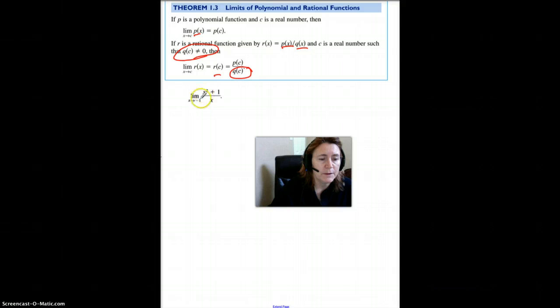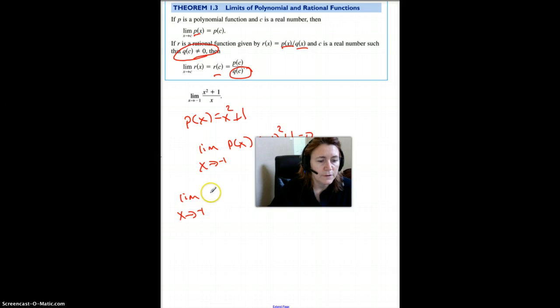So let's look at this limit right here. Let p of x equal x squared plus 1. Then the limit as x goes to -1 of p of x is -1 squared plus 1, or 0. And the limit, you have to do them both, even though it looks like it's going to be 0, because you'll see why in a minute, of q of x. Now in this case, q of x is just x.